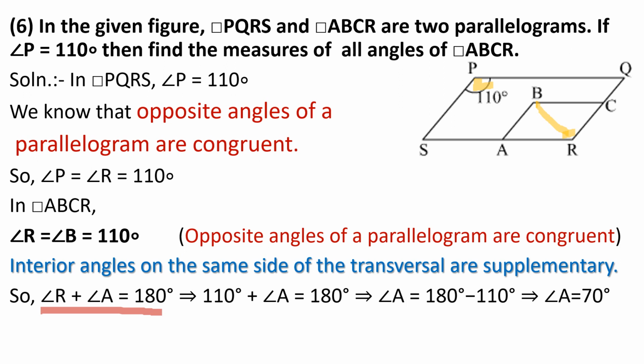So 110 degrees plus angle A equals 180 degrees, because angle R is equal to 110 degrees. So by subtraction, angle A equals 180 degrees minus 110 degrees. So angle A is equal to 70 degrees here. So angle A is equal to angle C is equal to 70 degrees.